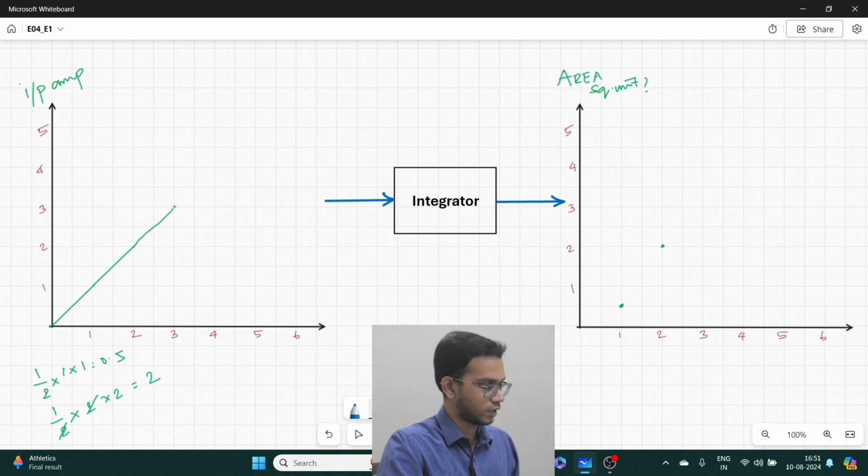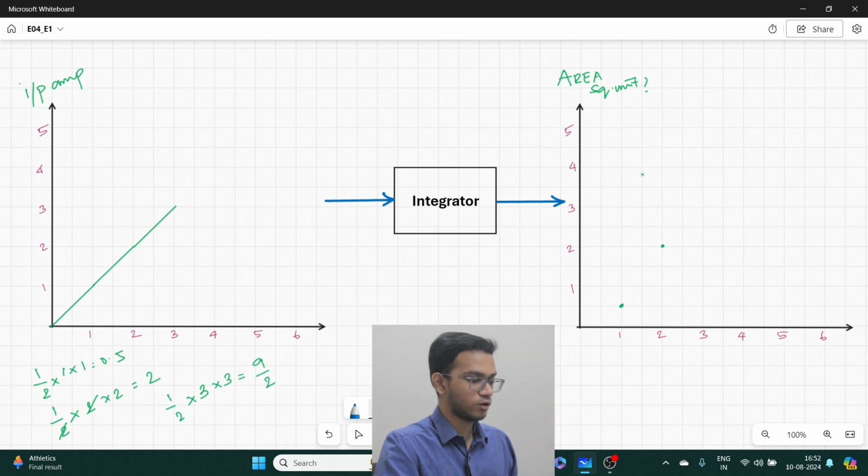In the third second, what will be my output? It will be the area under this whole curve. So it's half times base times height, which is 9 upon 2, which is 4.5. So at the third second, my value will be 4.5.